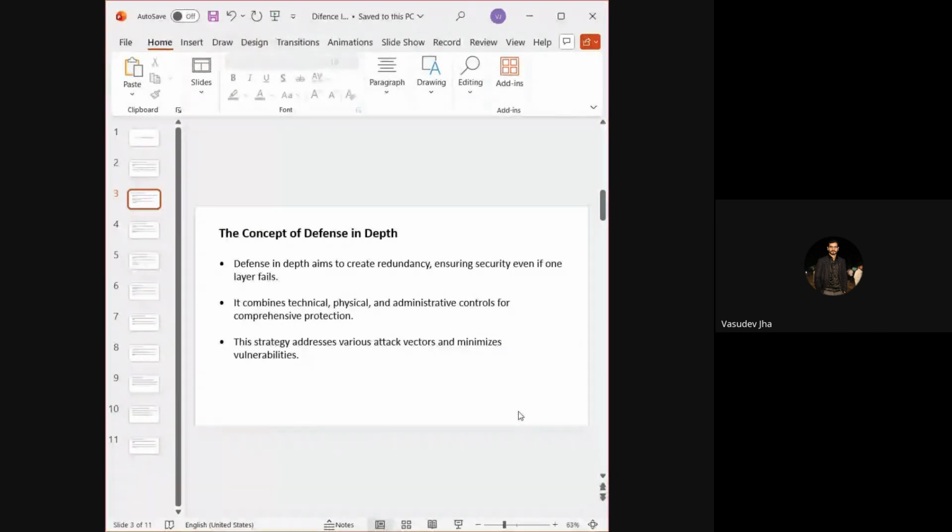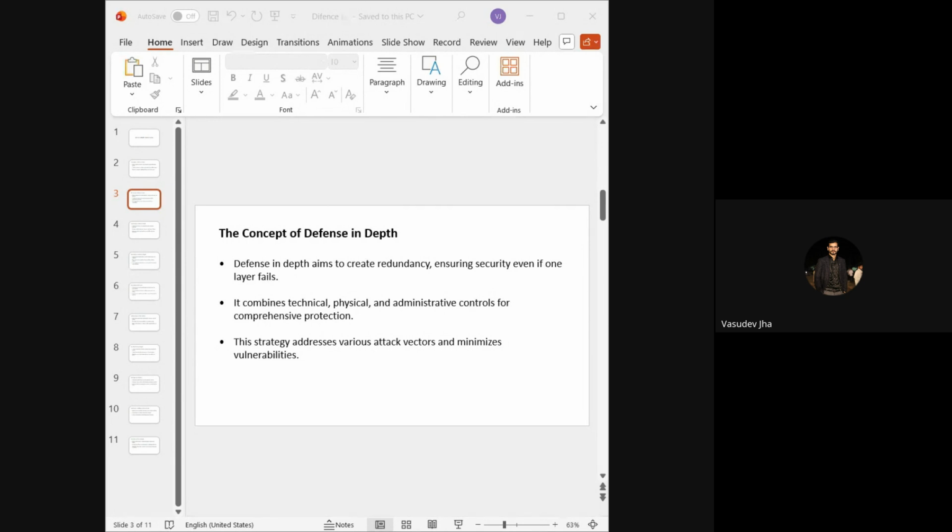Then the physical control. Now what is physical control? If you go to some organization and there you find a server room, usually people are not allowed to walk into it.